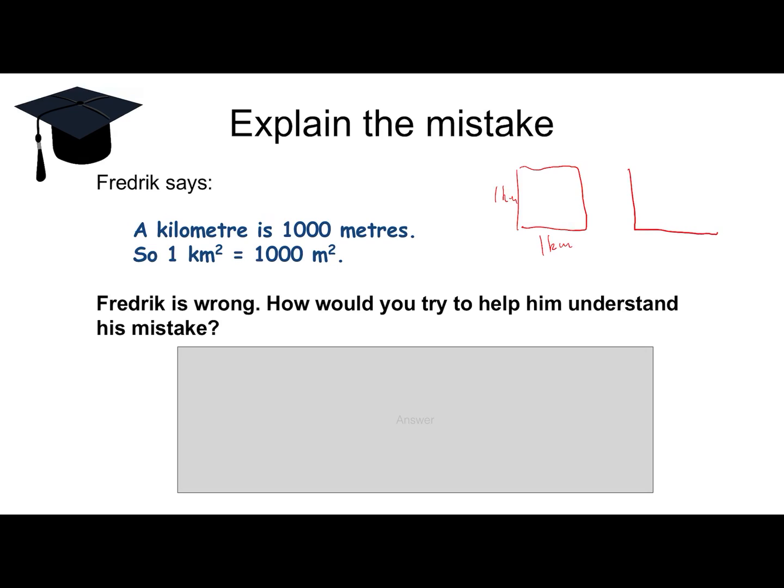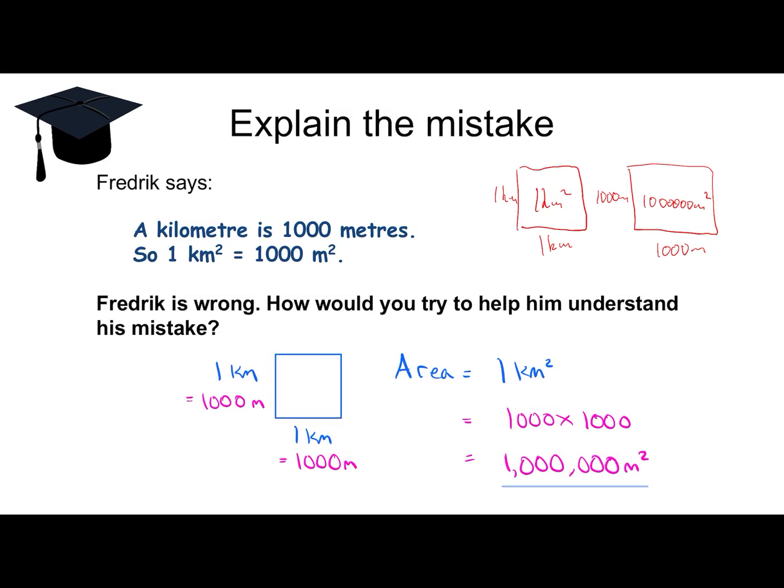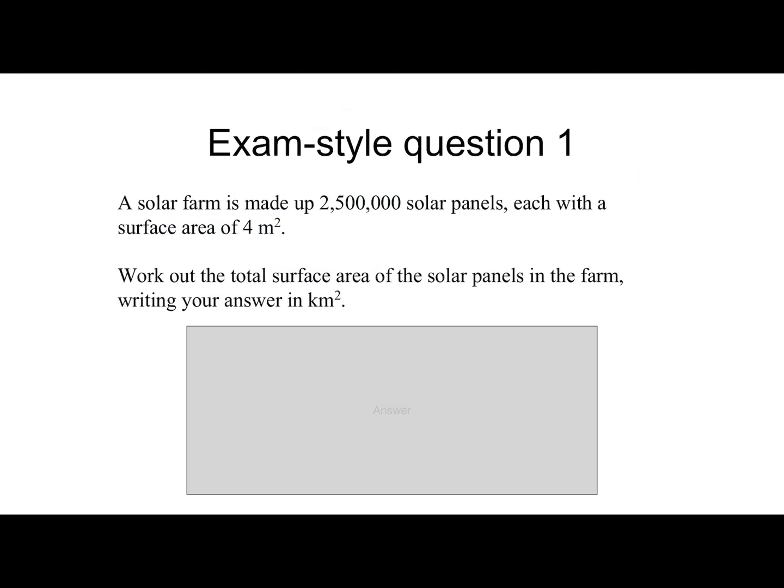Okay, 1 kilometre by 1 kilometre is the same as 1,000 metres by 1,000 metres. So 1 kilometre squared is the same as 1,000,000 meters squared. Okay? That's how you can sort of use common sense to know what the conversions are.